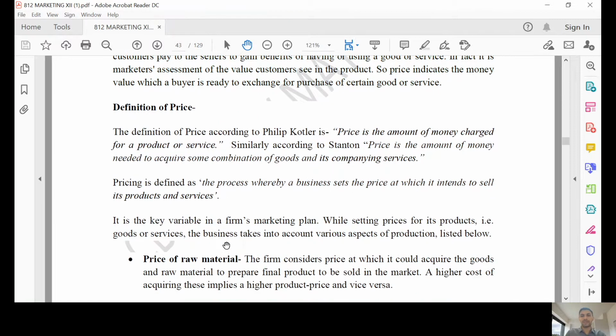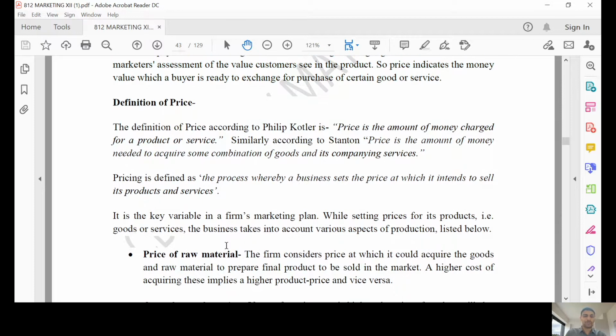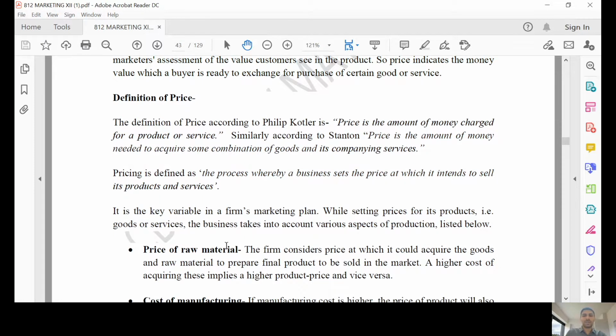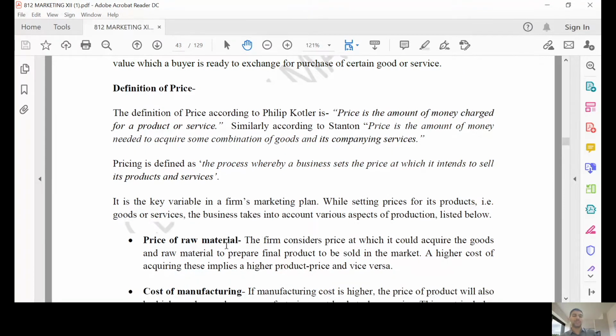So now let us see various factors influencing pricing. Suppose you have a product to sell. At what price will you sell your product? Many factors have to be taken into consideration before fixing the price of the product, like the price of raw material.